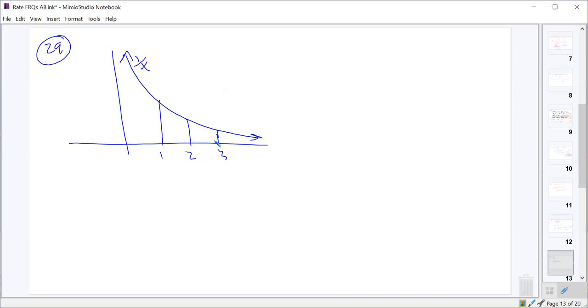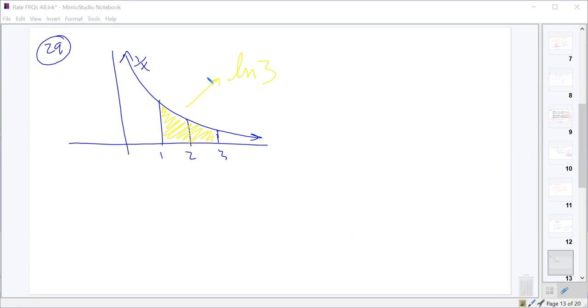And then it wants us to approximate using a left and a right rectangular approximation using 2 subintervals. So it tells us that this exact area in here, which we should be able to find, is just the natural log of 3. Yellow is kind of annoying, I won't use that anymore. But we know that this yellow is the natural log of 3.